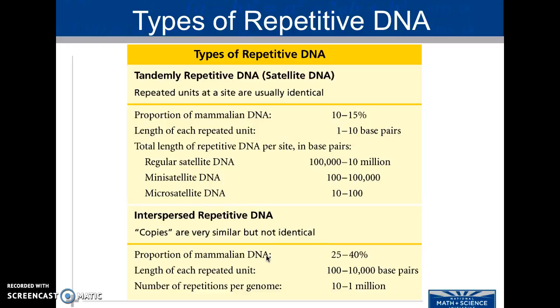Between the tandem and the interspersed repetitive DNA, that makes up about 50% of our DNA. We see that there's about 40% interspersed and about 15% all repetitive right in a row, and so that means that's a lot of stuff that is not gene DNA, and we'll talk about why a little bit later.